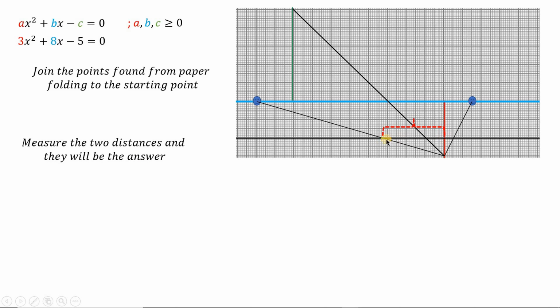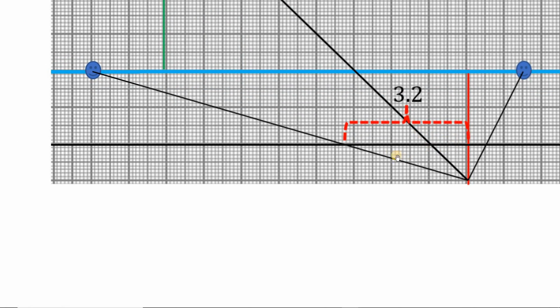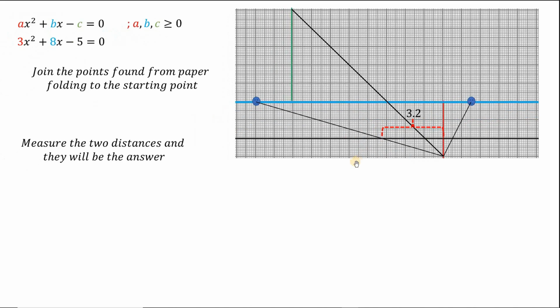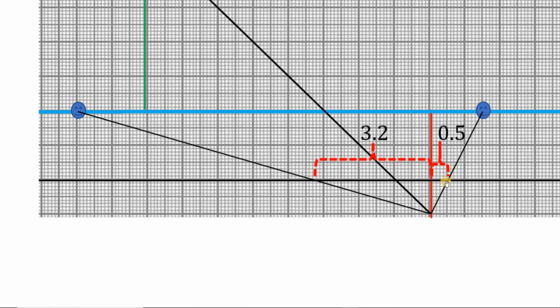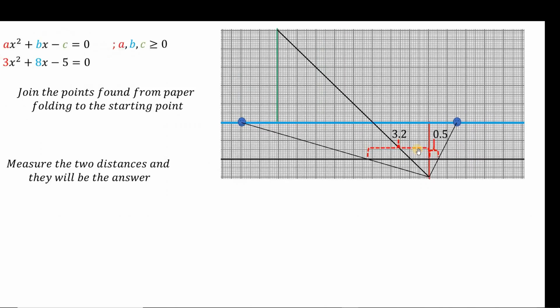So we measure from this point to this point, and which is, you can see, 1, 2, 3 and almost 3.2, and we're going to measure another distance which is almost 0.5.